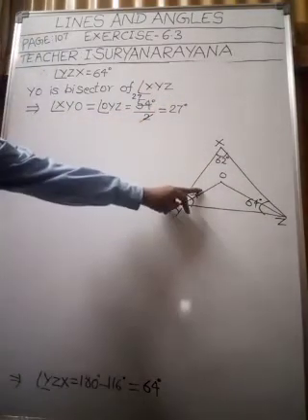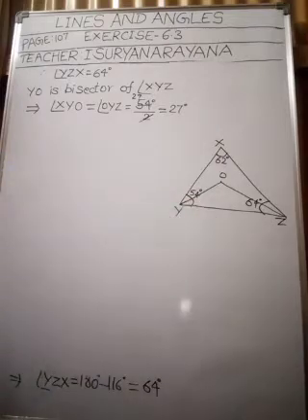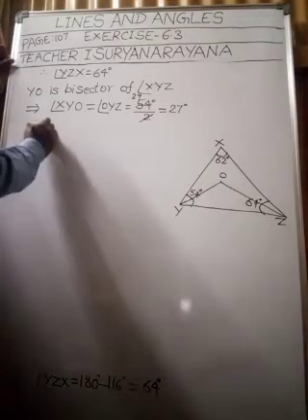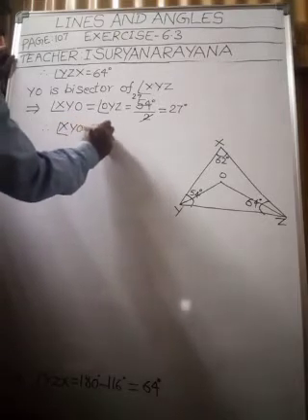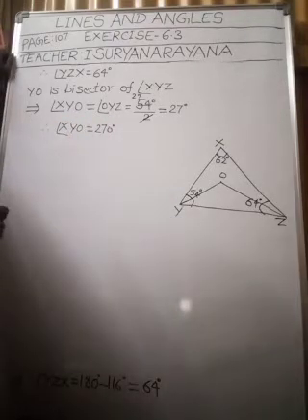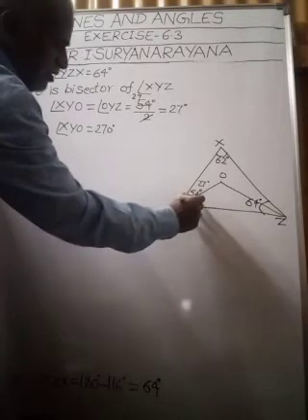So this angle is equal to 27 degrees and this angle is also 27 degrees. Therefore, angle XYO is equal to 27 degrees. Here this is 27.